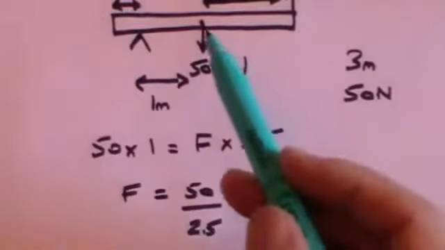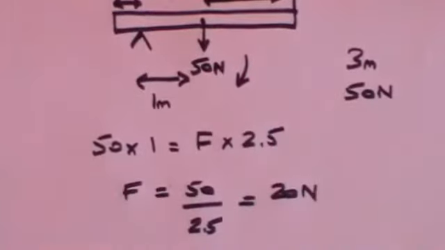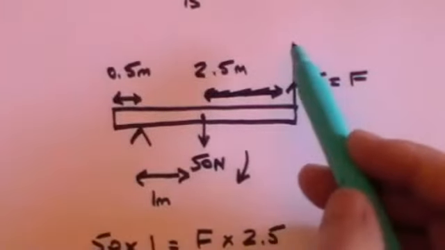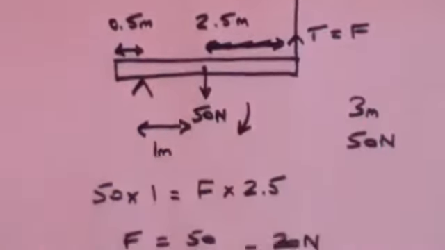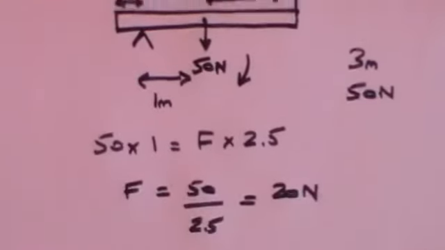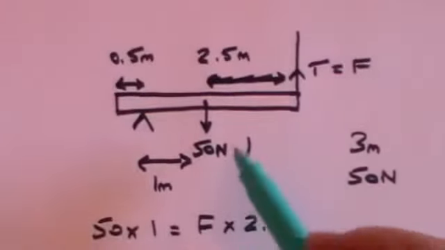So what we're saying is we've got a girder of 50 newtons, but in this arrangement the tension, or the force in the cable, will only be 20 newtons in order to stop it from tipping in this direction.